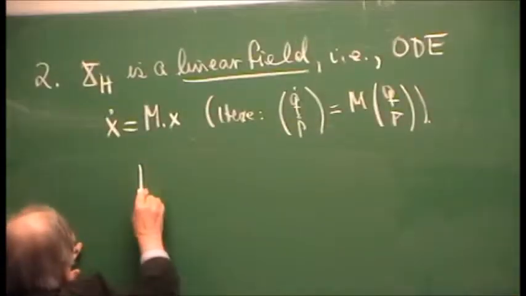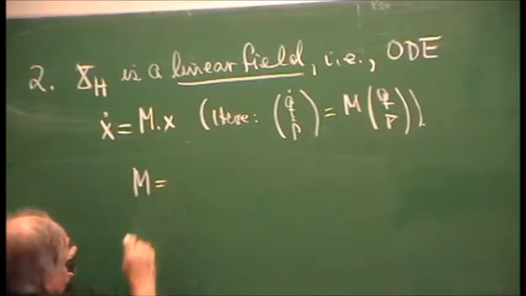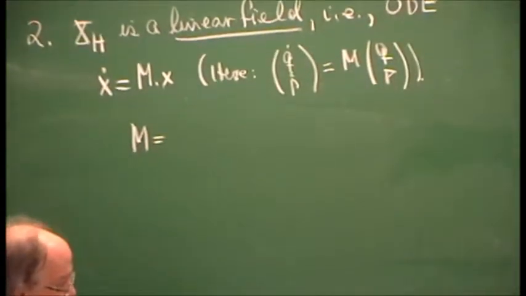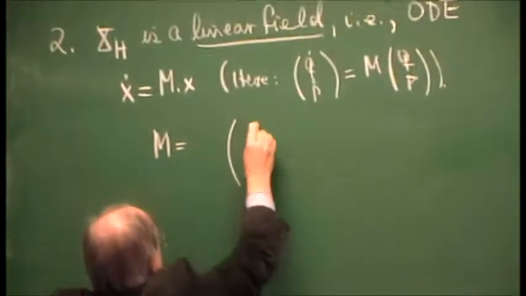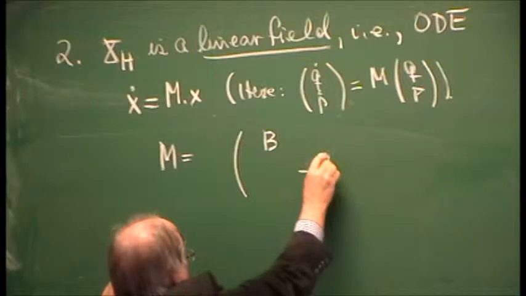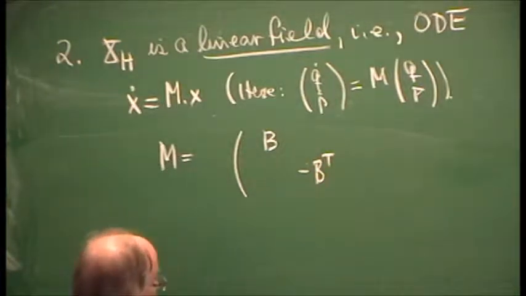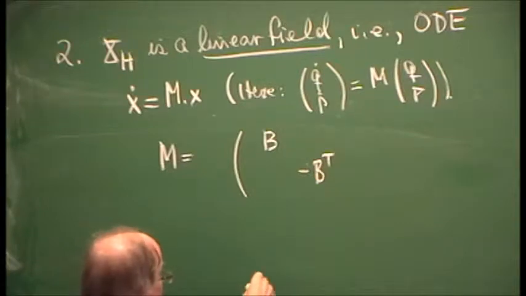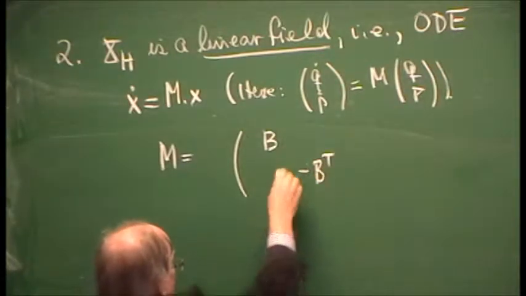I think I should know what M is. Along the diagonal, I hope M is B and minus B transpose. And minus probably, AD? Minus A is in the right corner and D is below.